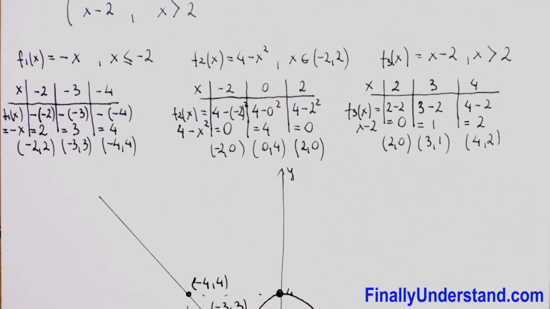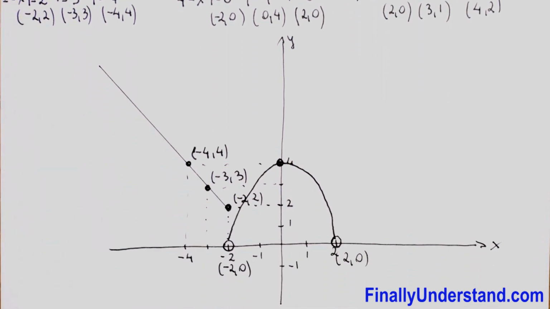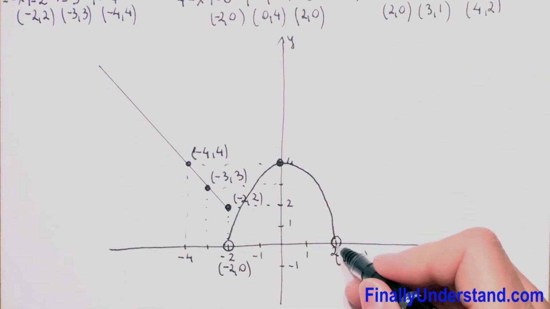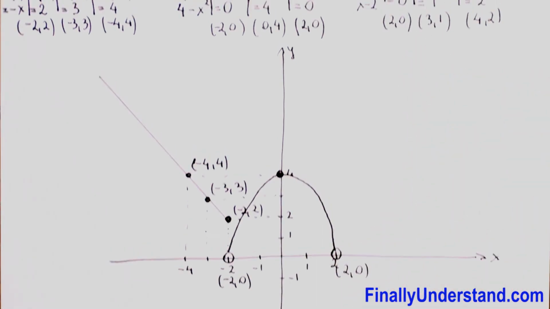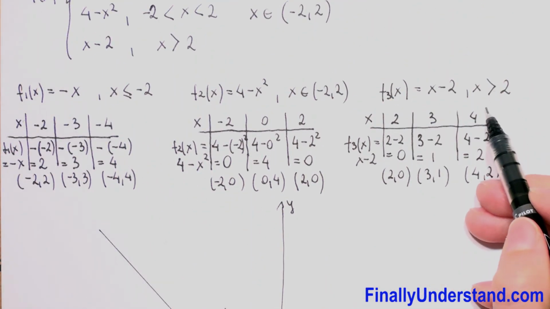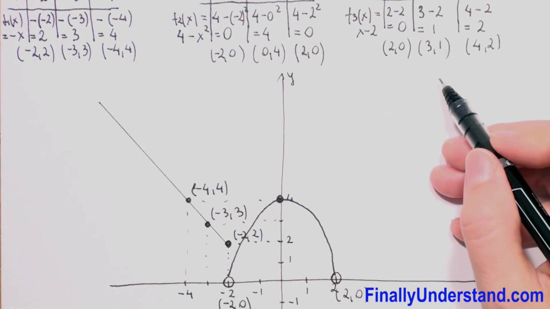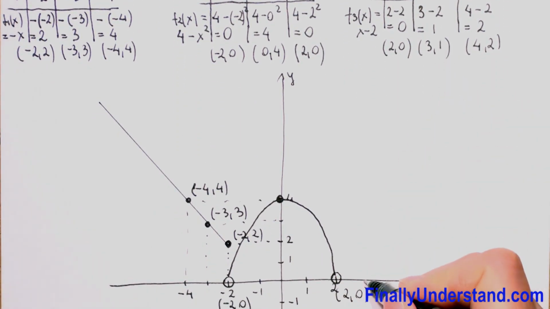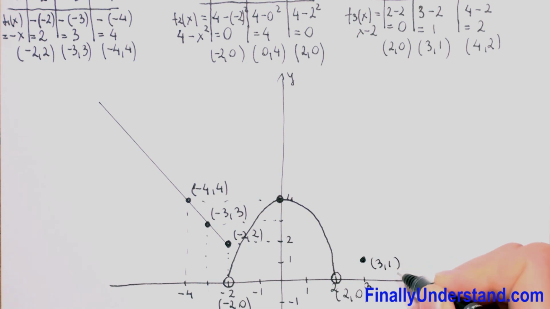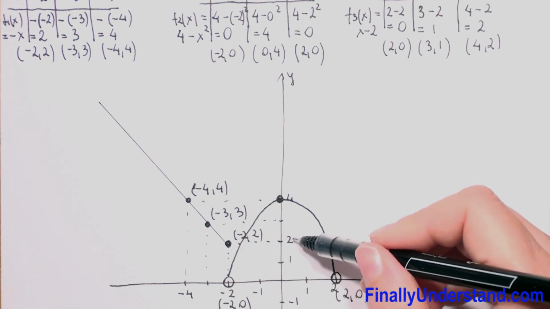Next, we have to find the points 2, 0, and 2 is not included because the domain is x greater than 2. Next we have 3, 1 and 4, 2.